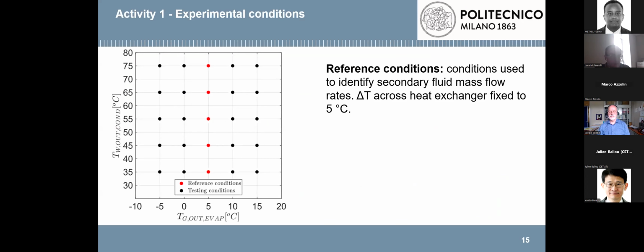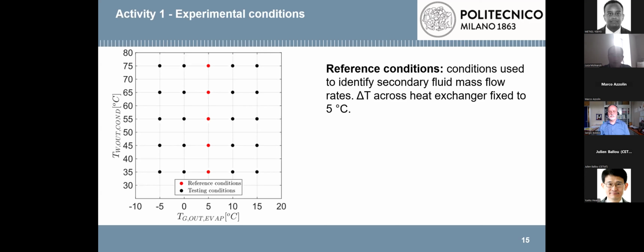To characterize the heat pump, we run 25 different tests for each refrigerant. The matrix of the experimental conditions is shown here. We run tests spanning from -5 to 15 Celsius degrees as the water ethylene glycol mixture temperature at the outlet of the evaporator, and from 35 to 75 Celsius degrees as the water temperature at condenser outlet.